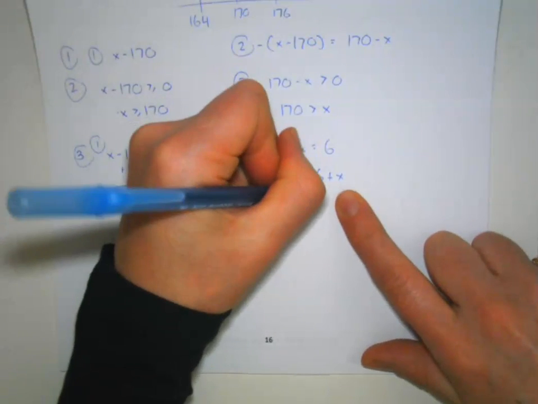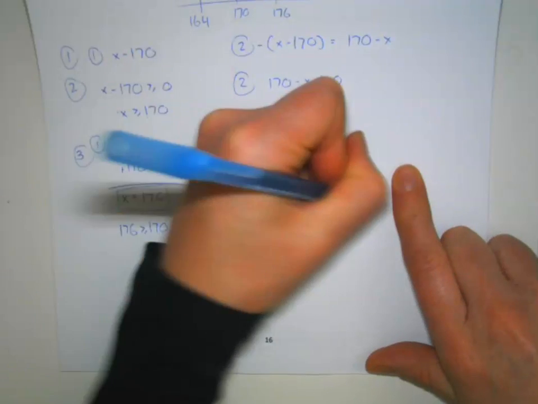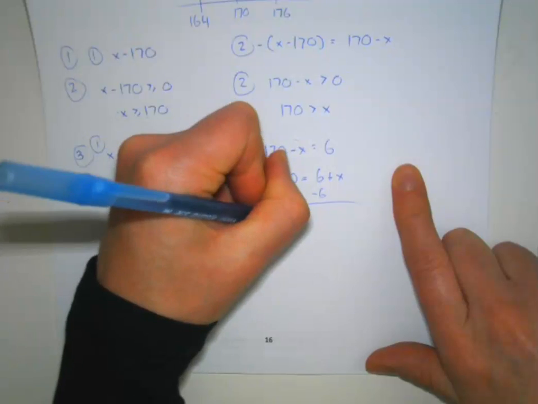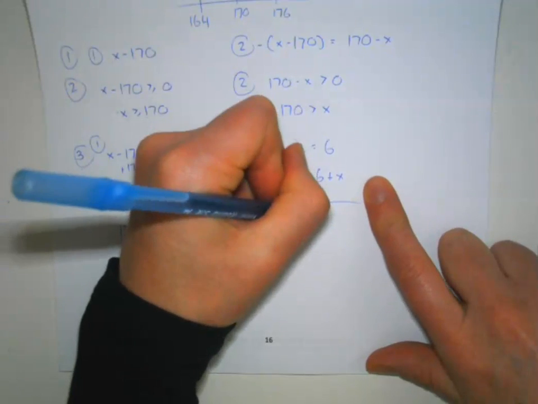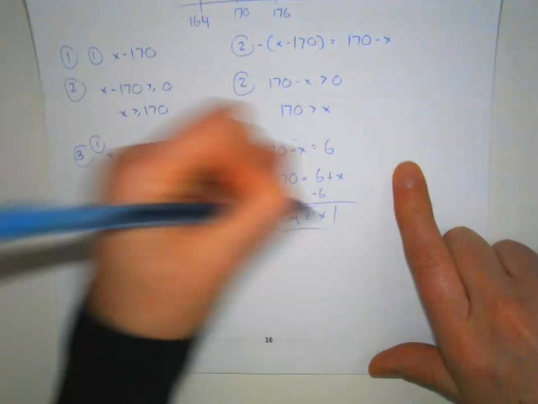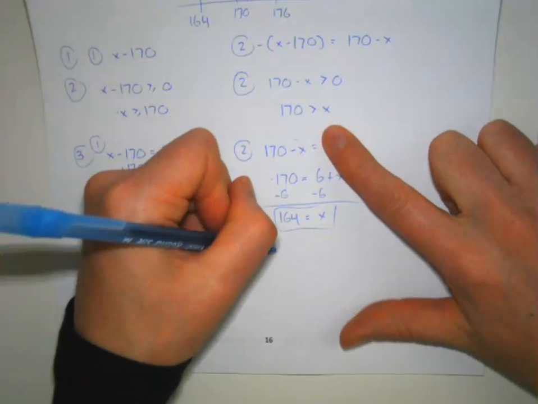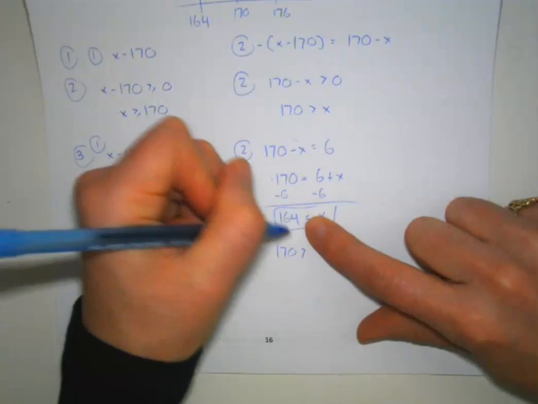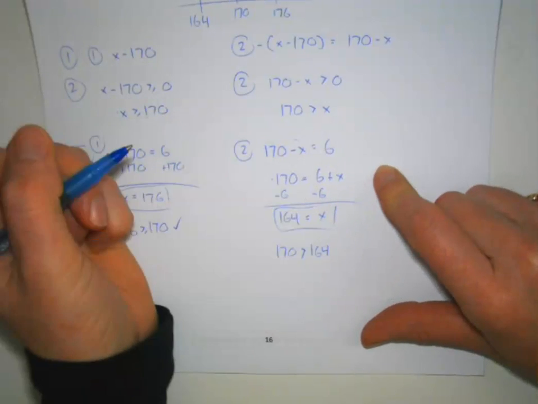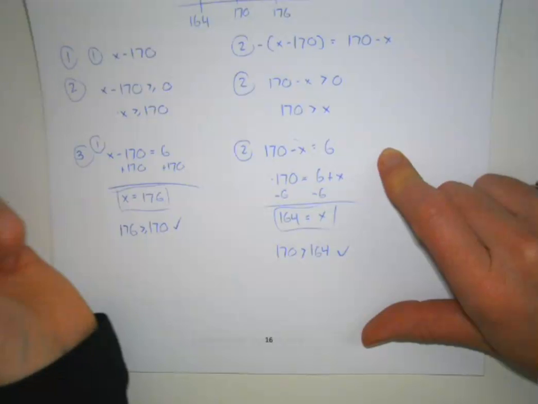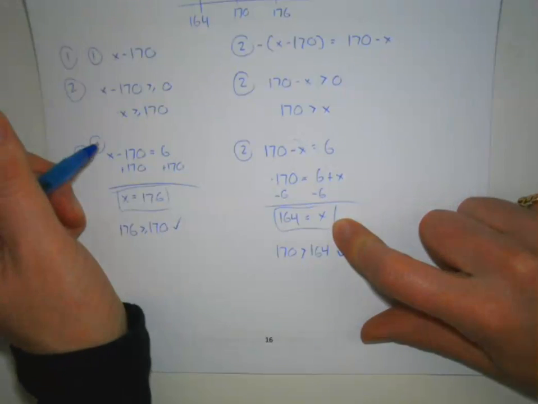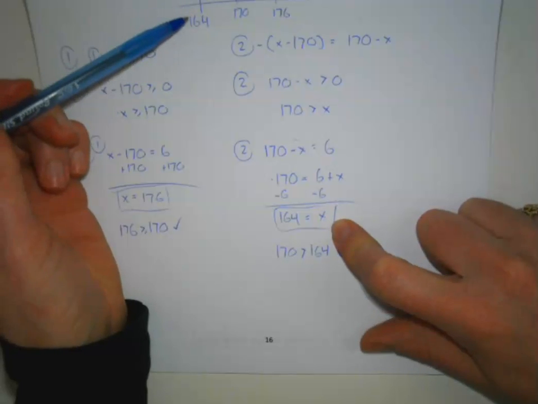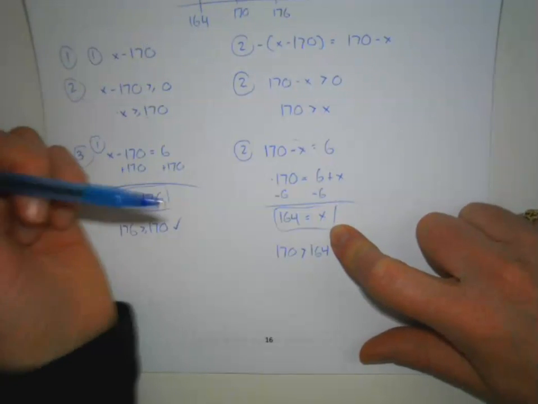And now I can get rid of this 6 from both sides, so we end up with 170 minus 6 is 164, which is equal to x. And again, we want to confirm if that fits our acceptable range. 170 is greater than 164. Is that a true statement? Yes, it is. So that's another acceptable value for x. And that makes sense because that's what we came up with on the number line, right?